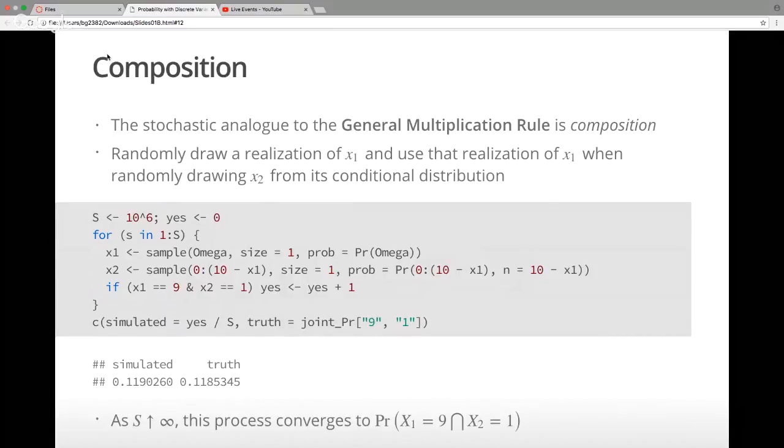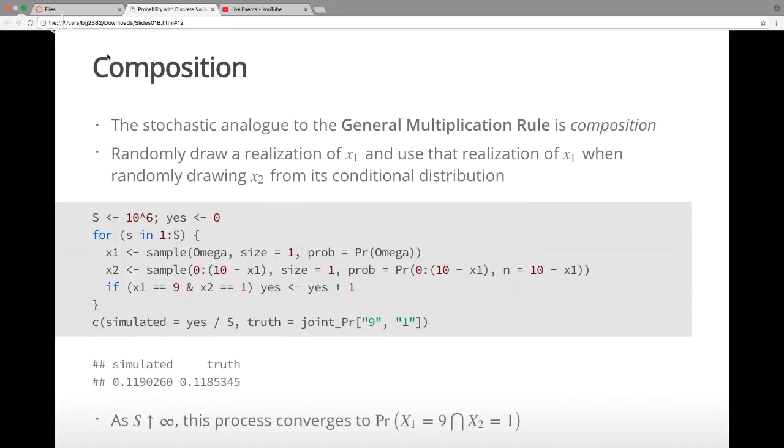But as s goes to infinity, not merely stopping at 1 million, the thing on the left is going to converge to the thing on the right, which gives us a way forward when we can't calculate the true value analytically with an explicit expression. This is often going to be good enough even for a finite but large number of simulations.